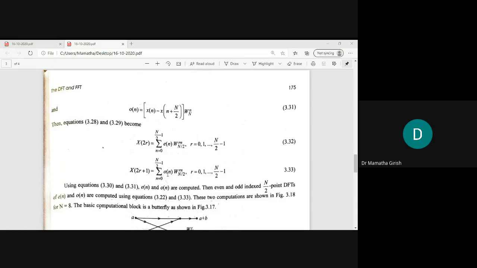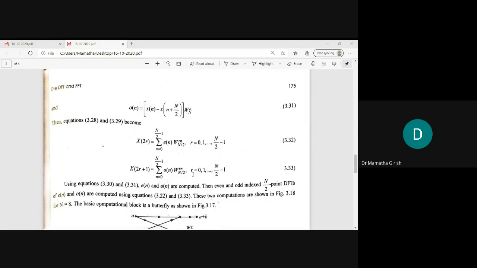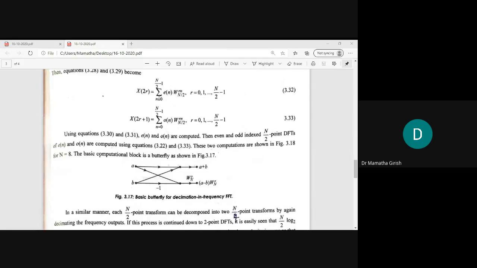Please note that this O of n is also taking into consideration this Twiddle factor W to base n to the power of small n multiplied by its corresponding Twiddle factor. The range of r remains the same. So this is the step where I've divided the frequency samples x of k into its corresponding even indexed and odd indexed counterpart.